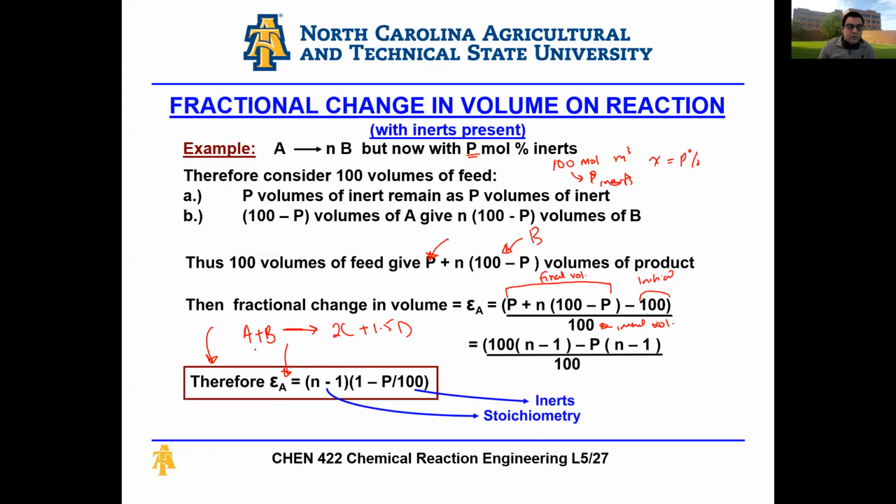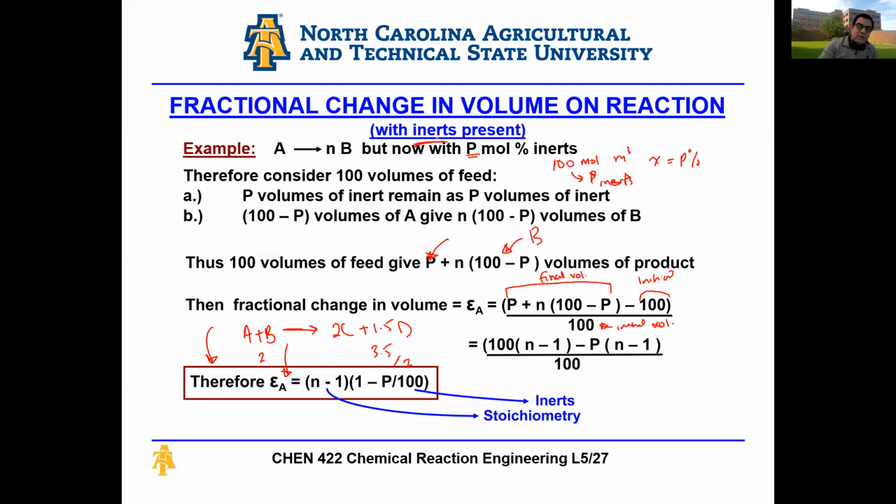N in that case will be, I have 2 moles coming in, I have 3.5 moles coming out. So for every 1 mole of feed, I'm going to get 3.5 divided by 2 moles of product, and then your N becomes that number, all right? And you can use this equation directly to calculate your fractional change in volume for cases where you have an inert.